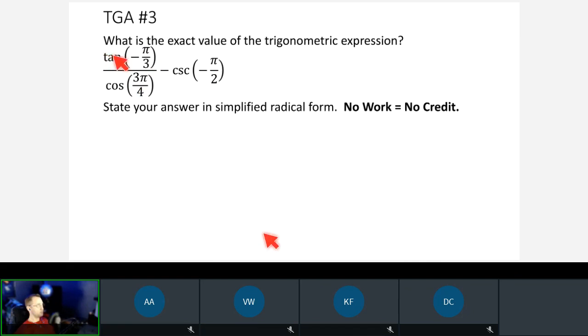So I should see you write tangent of negative pi over 3, and then here's all my math to get my simplified answer for that. Cosine of 3 pi over 4, there's all this work, there's that answer. Cosecant of negative pi over 2, there's this work, there's this answer. Once you have all 3 of those, take those answers, plug them back in like we did yesterday, and then simplify that. That's what I want to see for this number 3. And I better see work.